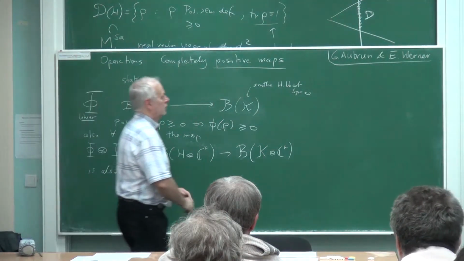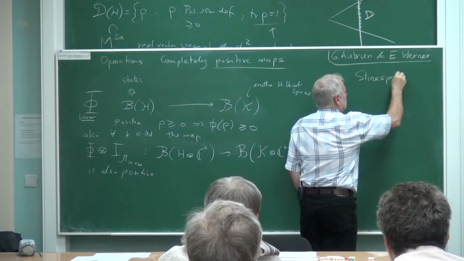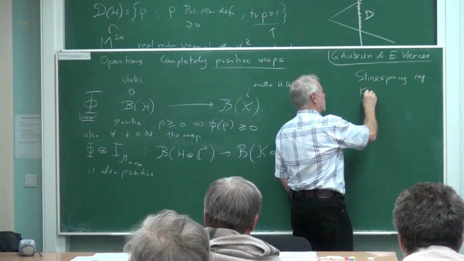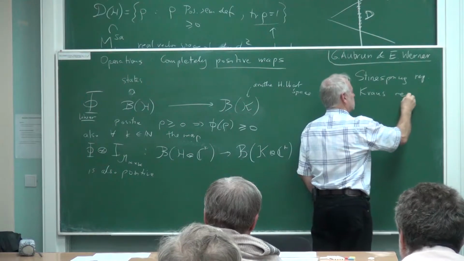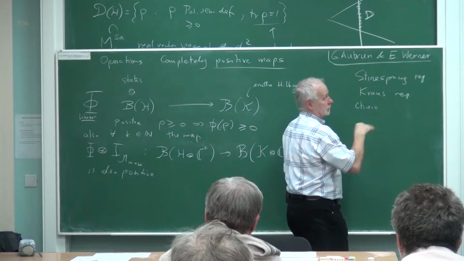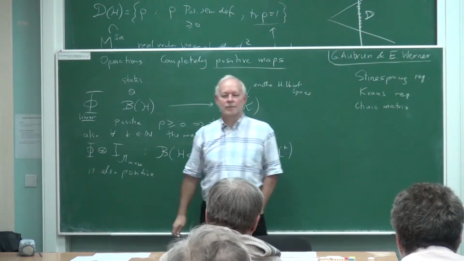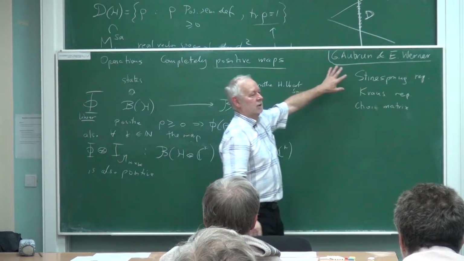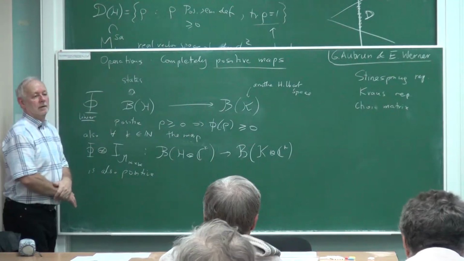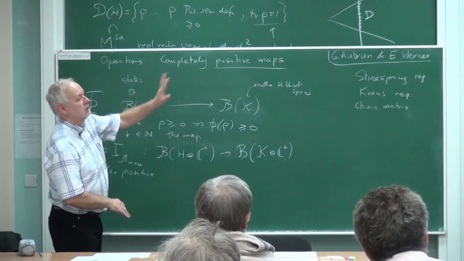They are known by the names Stinespring representation, or Kraus representation, or Choi matrix. Those are the names connected with those different descriptions of what this really means more concretely. I will state this in a moment, so that when we get into applications, it will be very concrete.